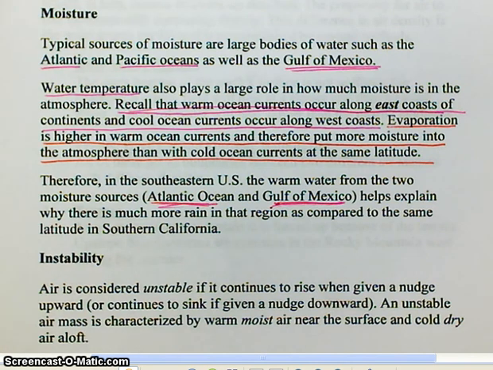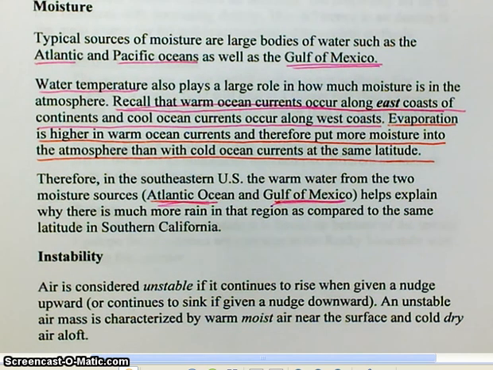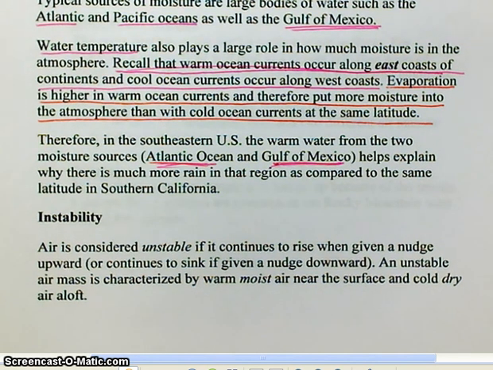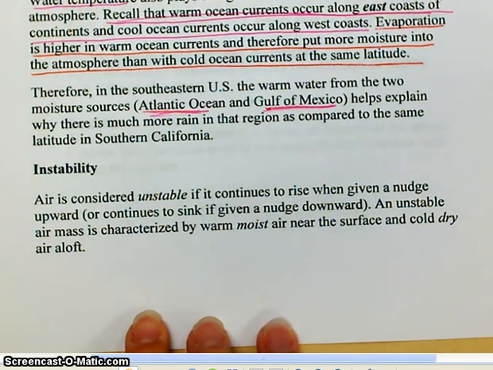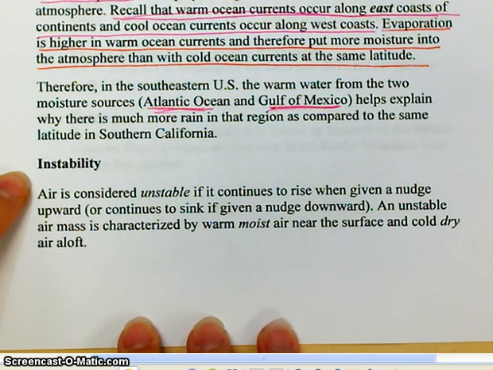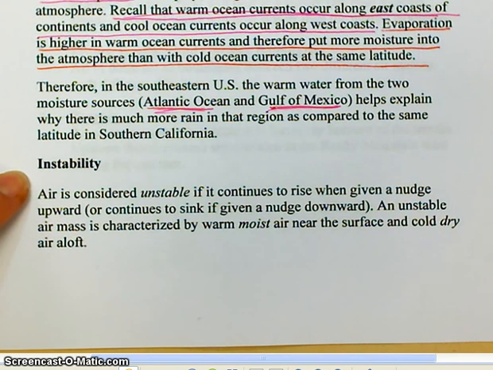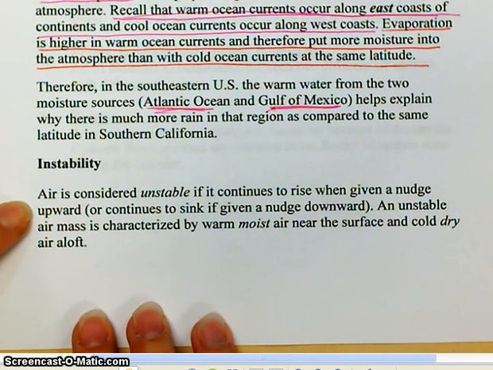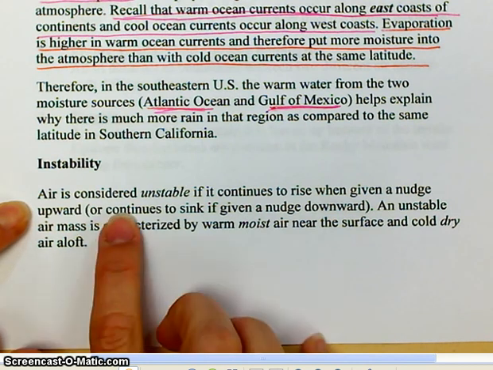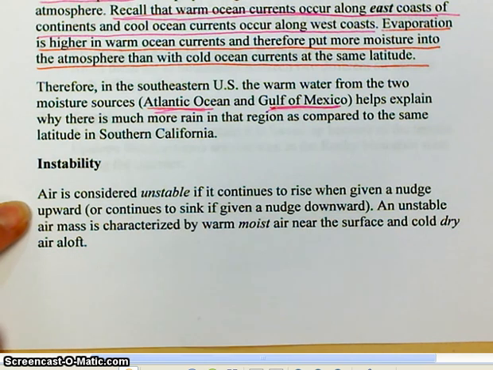All right. Second ingredient required for thunderstorms is a source, or the fact that air can be unstable. Okay, so it's the fact that it's got instability. Air is considered unstable if it continues to rise when given a nudge upward, or it continues to sink if given a nudge downward.